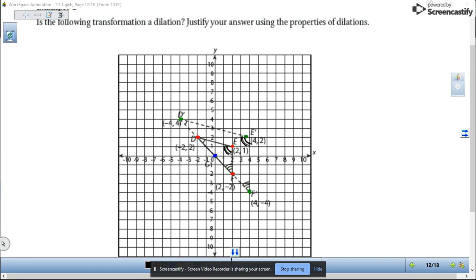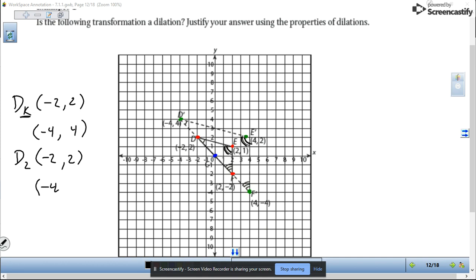So if my original point was negative 2, 2, and my new point is negative 4, 4, then what did I multiply by to make that happen? What factor would I multiply negative 2 and positive 2 by to get negative 4 and 4? I hope y'all will see it's pretty easy: we're multiplying by 2. So that gives us negative 4 and 4.